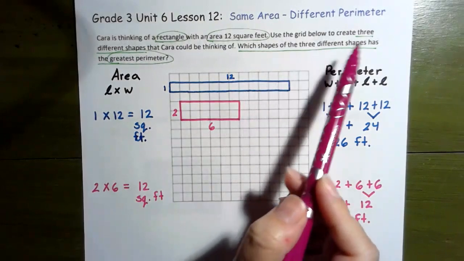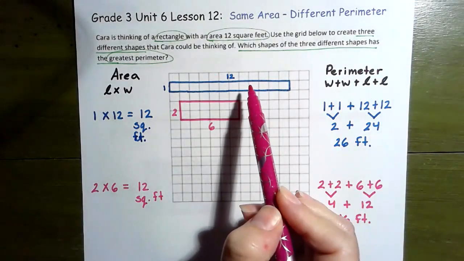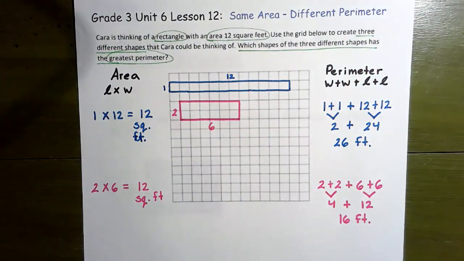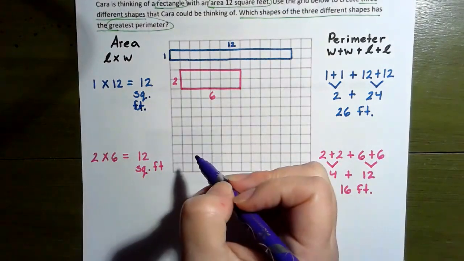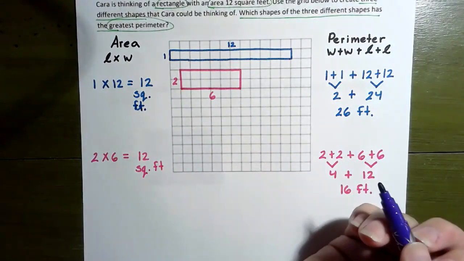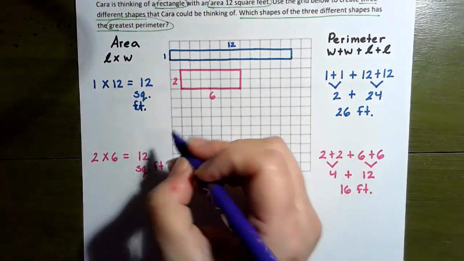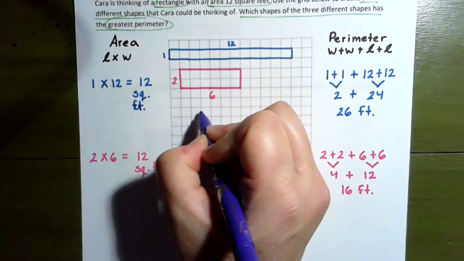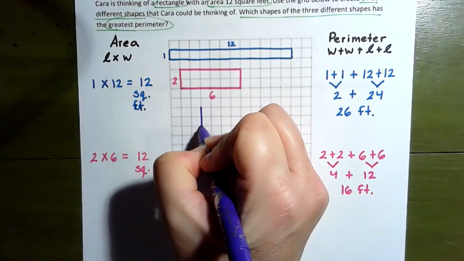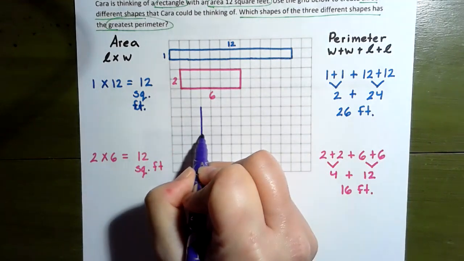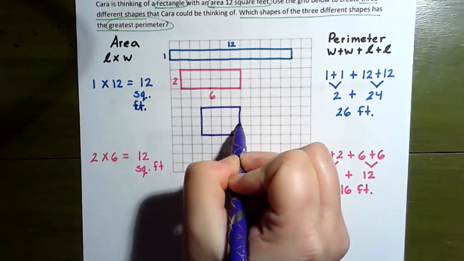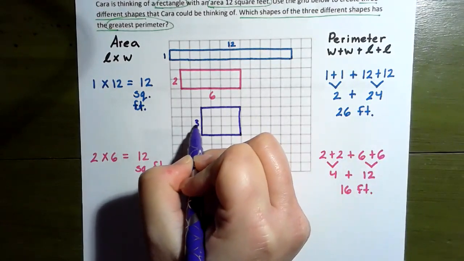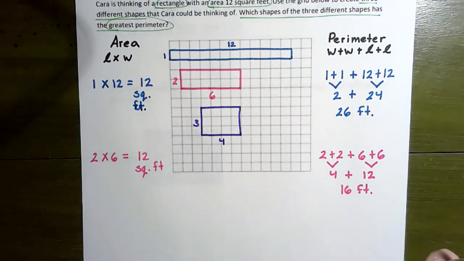So our problem says we need to find 3. We found 2. What's another way we can make 12? Interesting. We know that 3 times 4 makes 12. So we can draw a rectangle that has a length of 3 and a width of 4. Length of 3, width of 4.